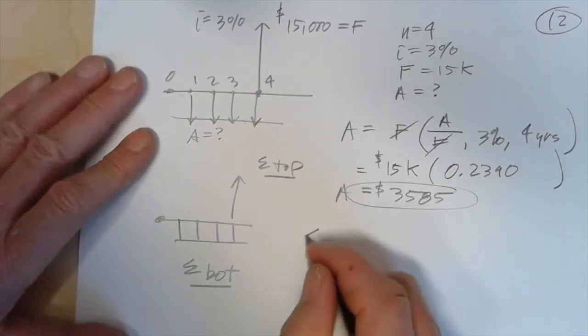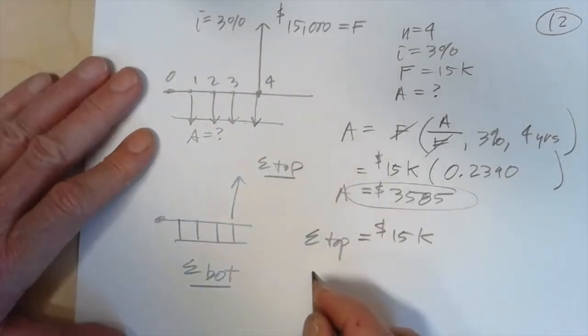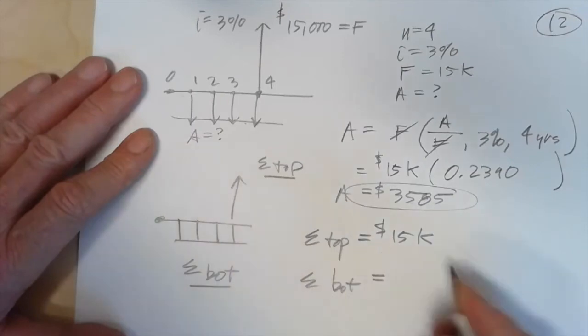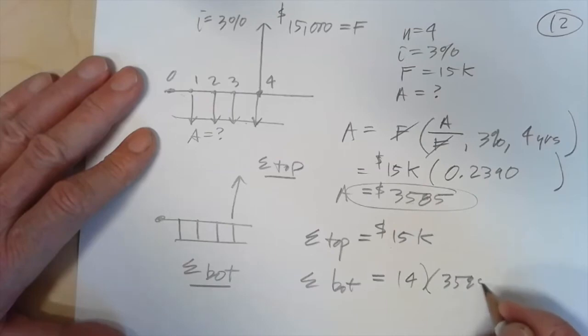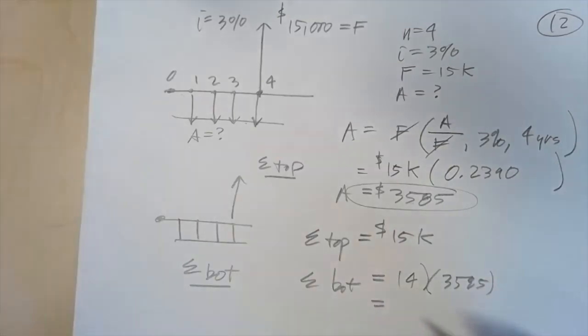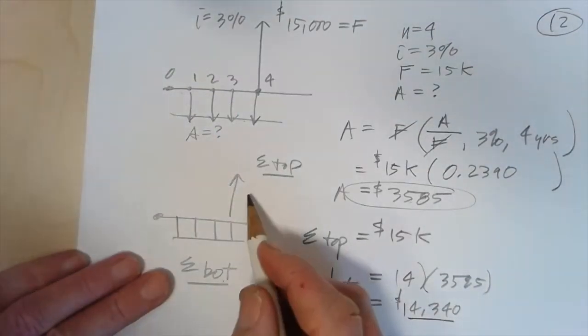So what's the sum of my top? It's 15,000, correct? What's the sum of my bottom? It's 4 times 3,585, which is equal to $14,340.